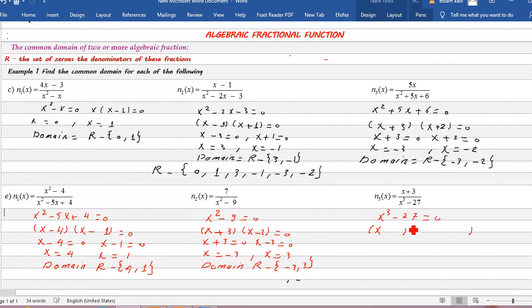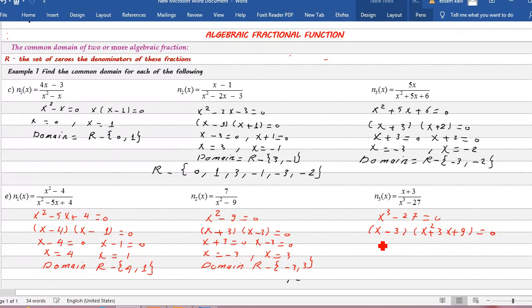What is the cubic root of 27? It becomes 3. The sign between them is negative. Square of the first, x power 2. Square of the second becomes 9. Put the opposite sign of negative, it becomes positive. Find the product of x times 3, it becomes 3x equal 0.